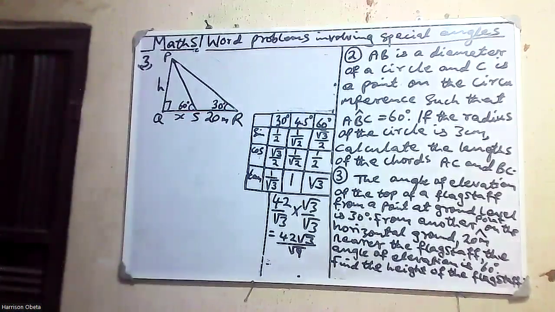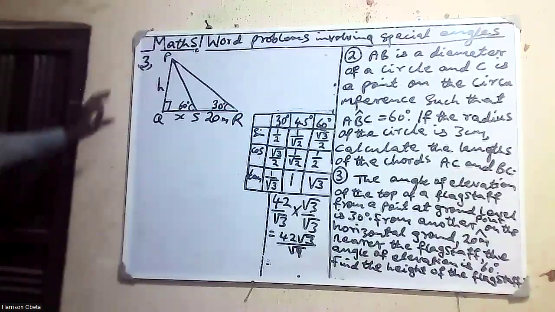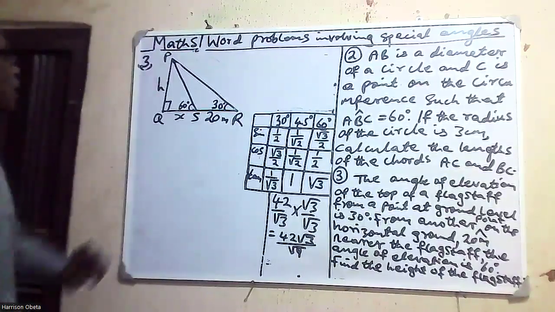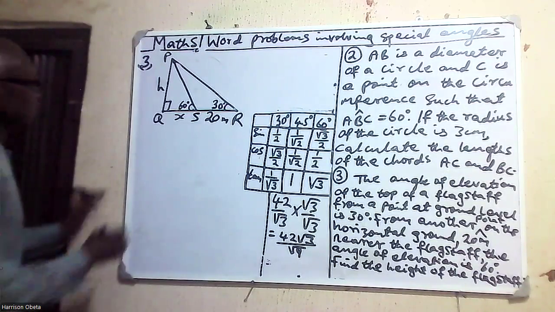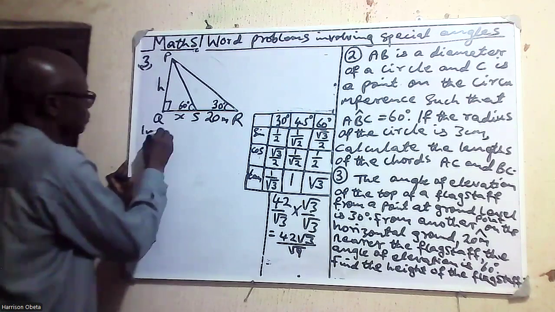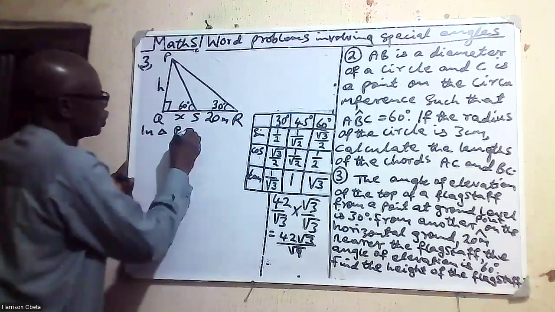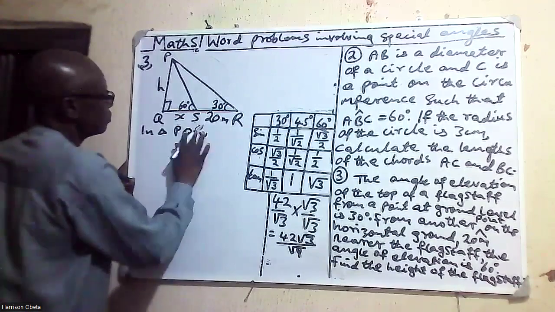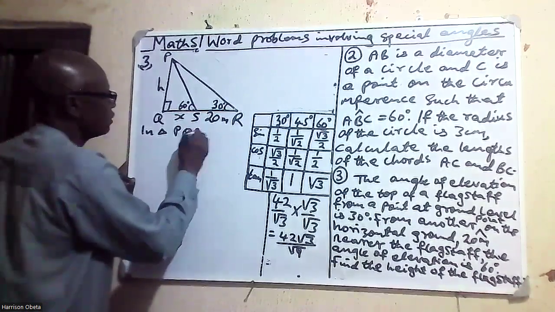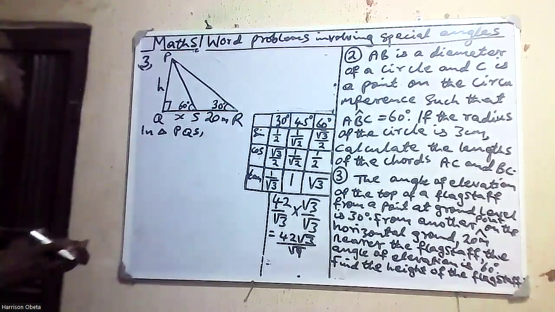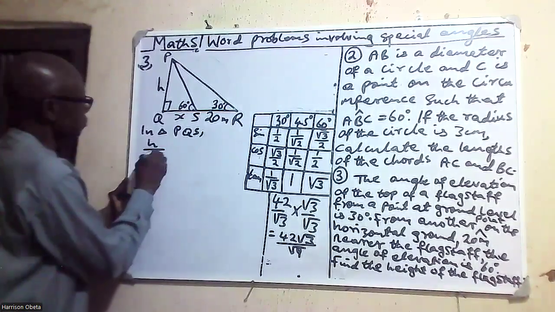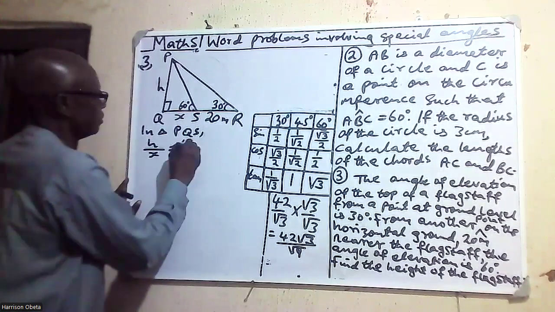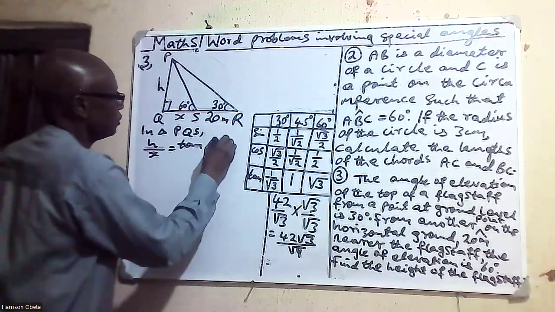Now, by looking at this, we discover that we have two triangles. Triangle PQR and triangle PQS. In triangle PQS, for instance, we know that H over X is equal to tan 60 degrees.